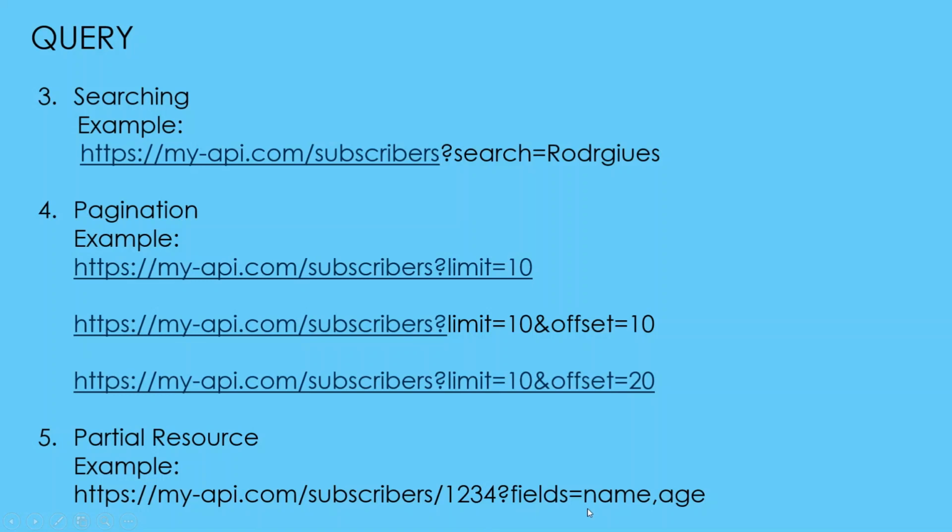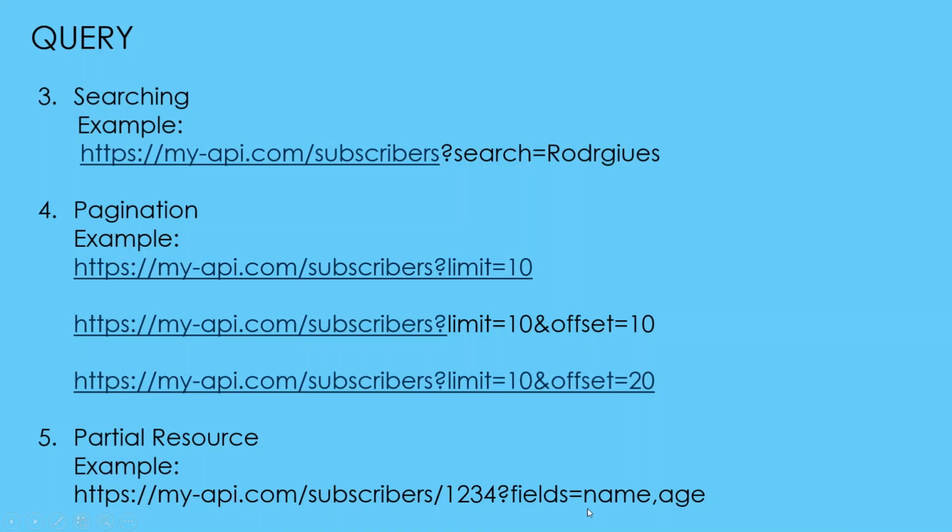Now you might be confused about when to use query parameters and when to use URI parameters. When you want to get a subset of data from the complete set of data, a specific subset, you go with the query parameters.